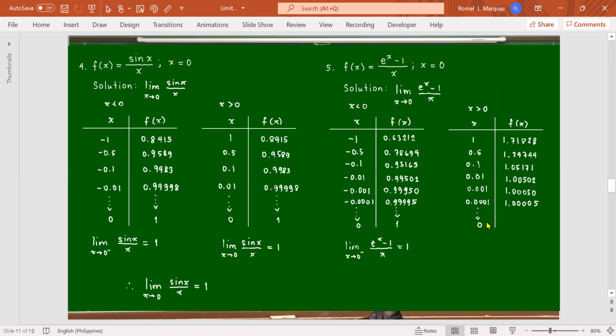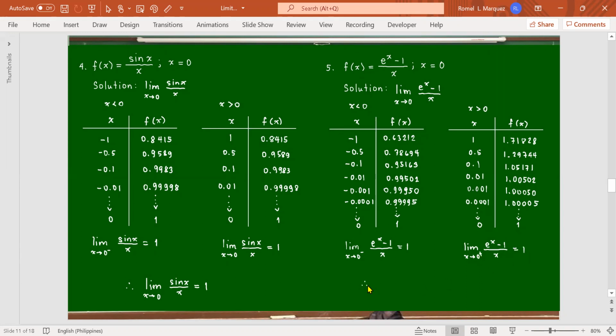So as x approaches 0, f of x gets closer and closer to 1, right? So we say that the limit of e to the x minus 1 all over x as x approaches 0 from the right is equal to what, guys? 1.